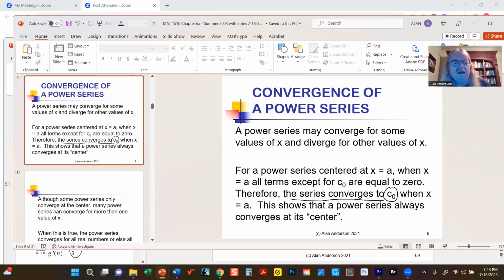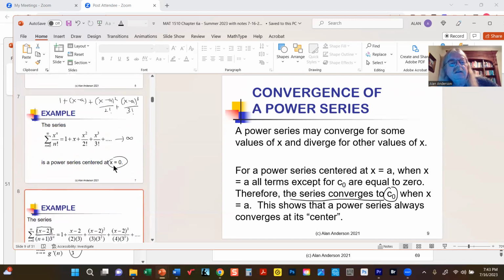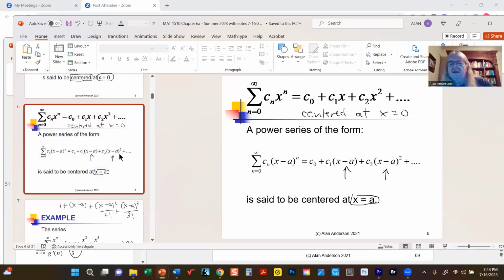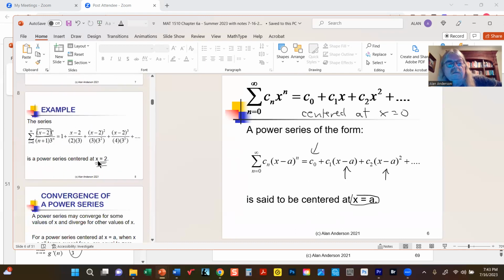Okay, you can see why. If you let x equal a, all these terms will drop out except for the c0. So when it's centered at a, if x is equal to a, they'll all drop out and you'll converge to just the constant c0.